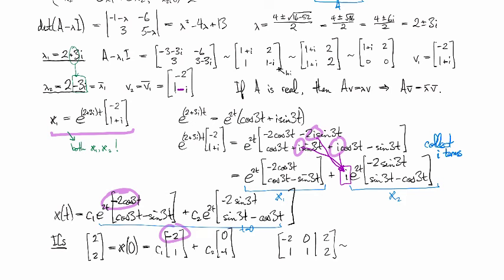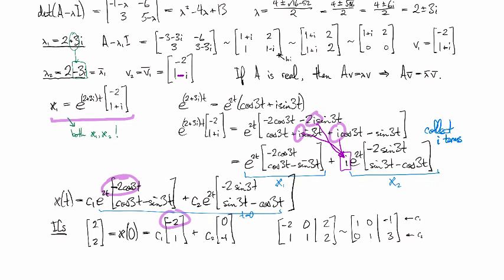And we reduce that system. And we find minus 1, 3. So there's our c1 and our c2.